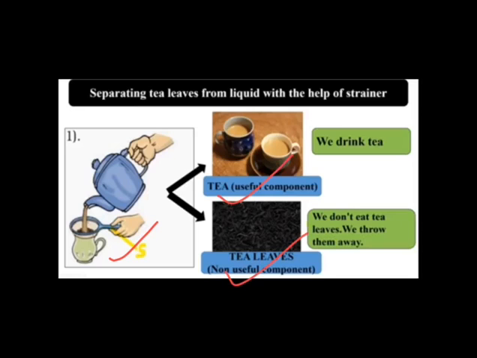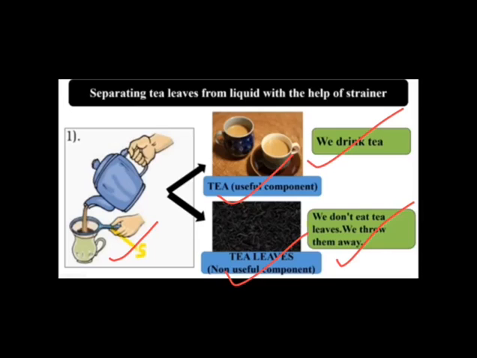Here the tea is the useful component because we drink tea, and tea leaves are the non-useful component because we don't eat tea leaves and we usually throw them away. So this strainer is used to separate the useful component from the non-useful component by filtration.